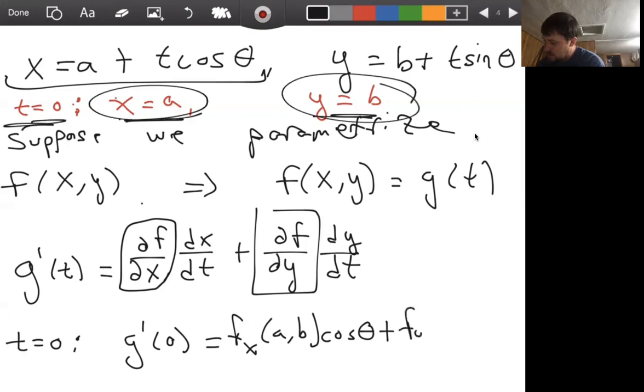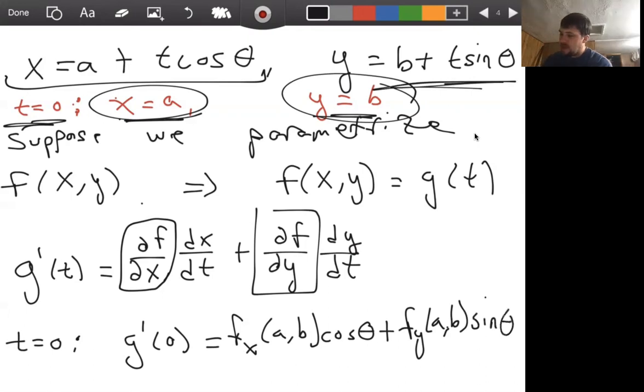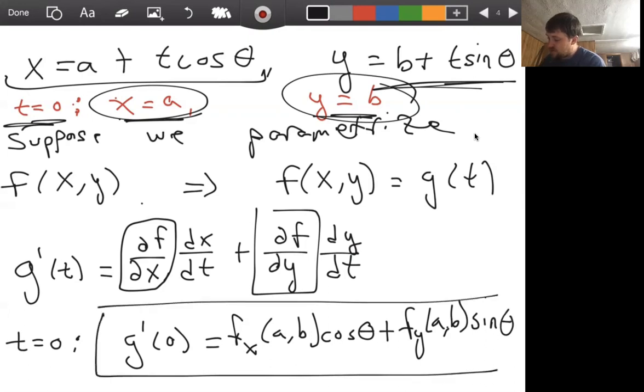So this is f sub y of a, b. And what's the derivative of y with respect to t? Well, it's sine theta. So let's keep in mind that g prime of 0 is f sub x of a, b times cosine theta plus f sub y of a, b times sine theta.